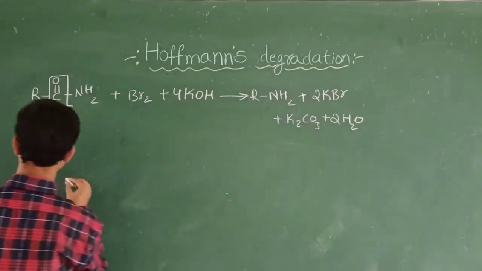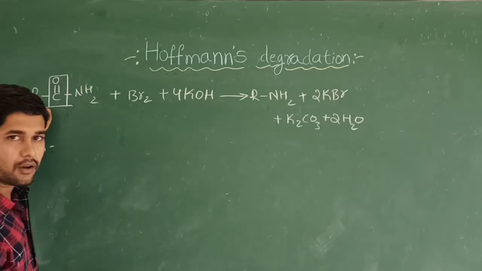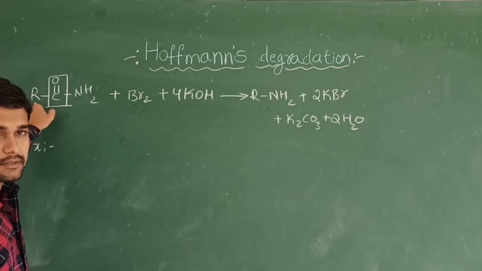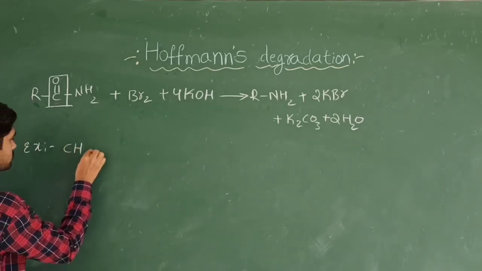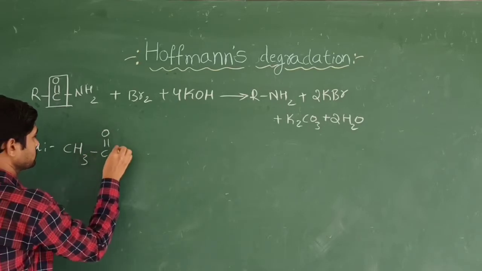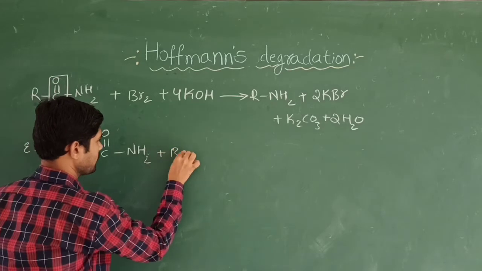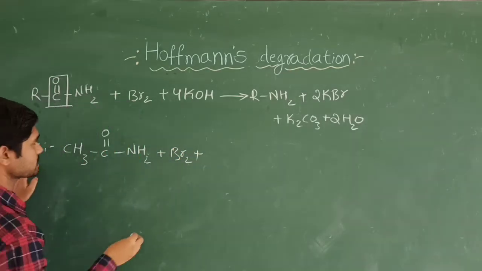Let's see the example. Here, in the place of the R group, I mean the alkyl group, I am going to substitute the CH3 group. Then it is called acetamide. Everything is the same, only we replace R with the CH3 group.